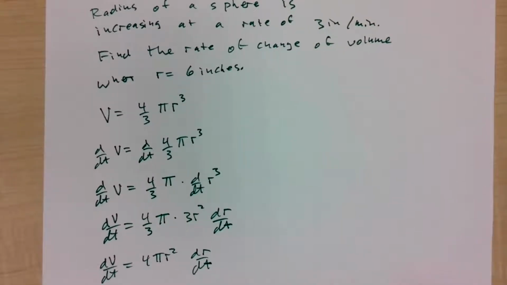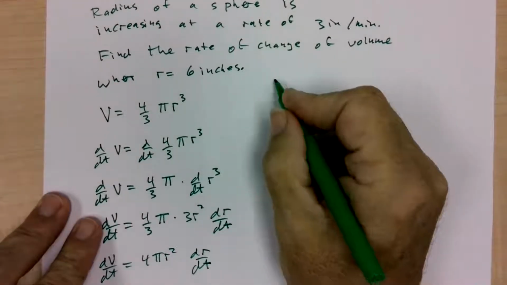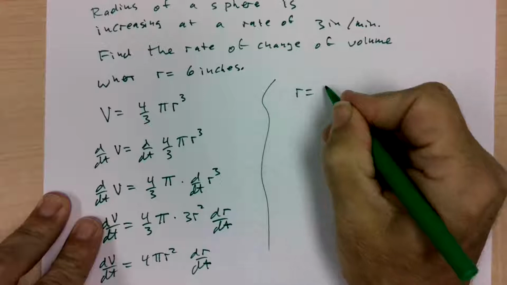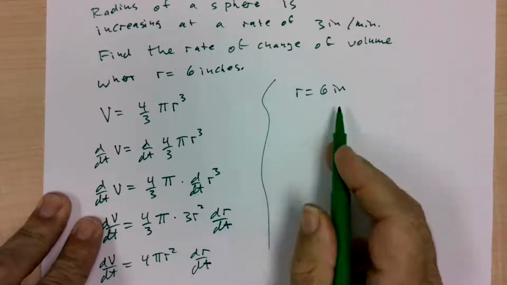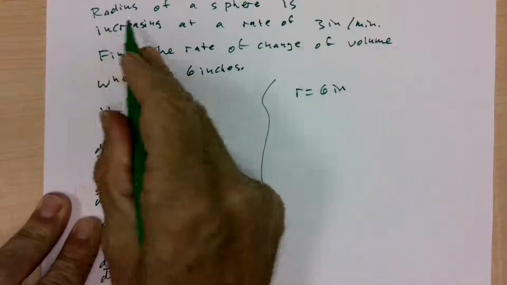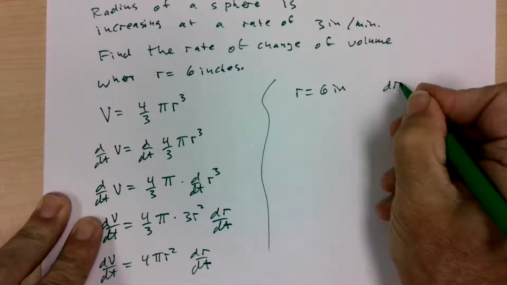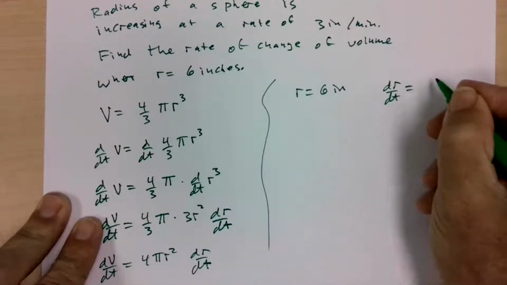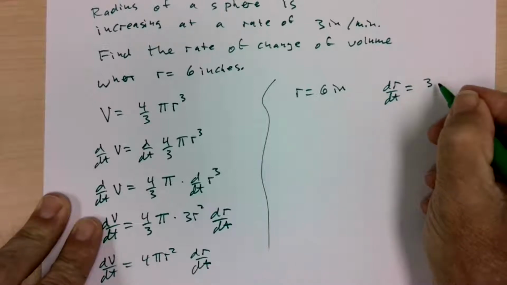So that's nice. Now we want to find the rate of change of volume when r is 6 inches. We're told r is 6 inches. We're also told the rate of change of the radius is 3 inches per minute, so dr/dt is 3 inches per minute.